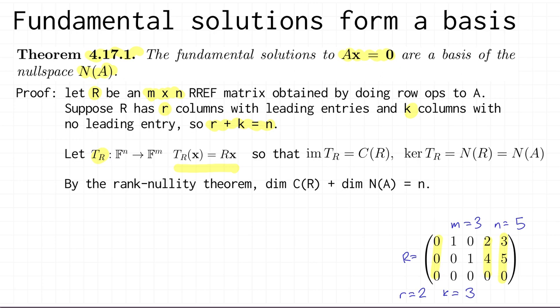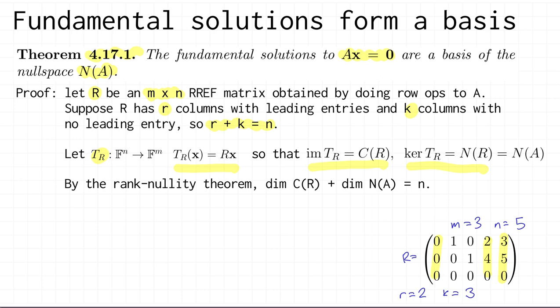We saw in our examples on images that the image of T_R is the column space of R, the set of all linear combinations of the columns of R. And we also saw that the kernel of T_R was equal to the null space N of R. That's pretty much by definition. But there's one other important equality: we showed some time ago that when you do row operations to a matrix like A, you don't change what the solutions to Ax equals 0 are.